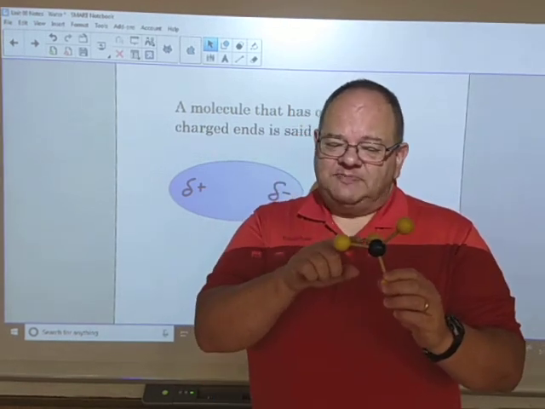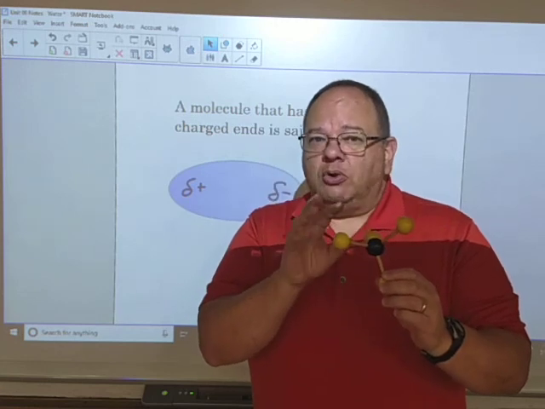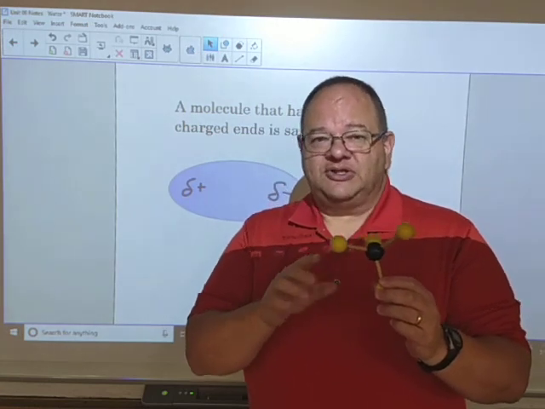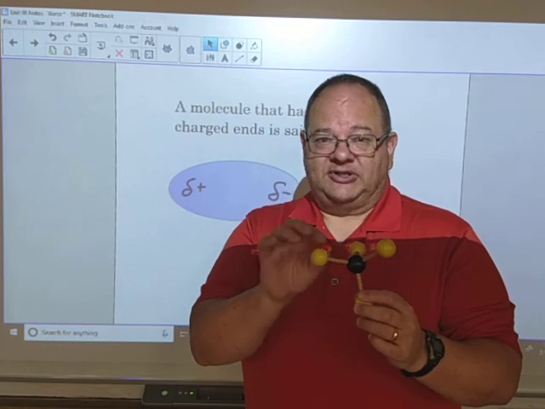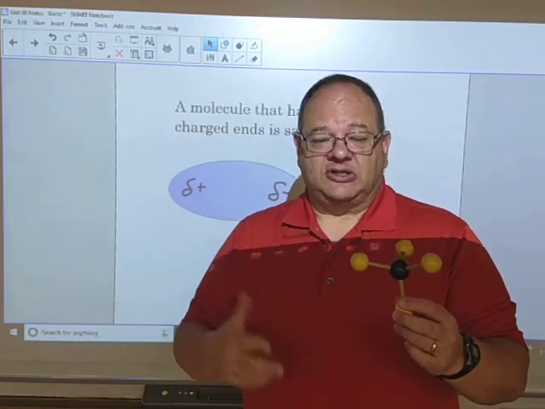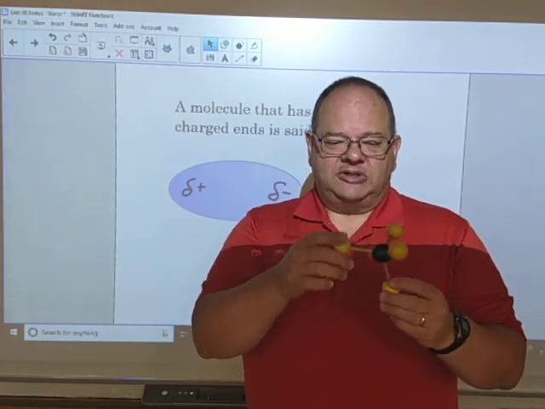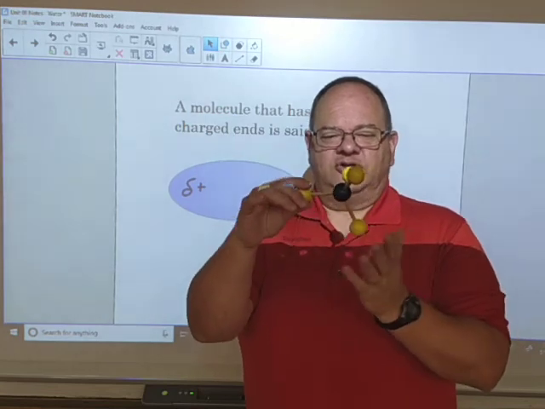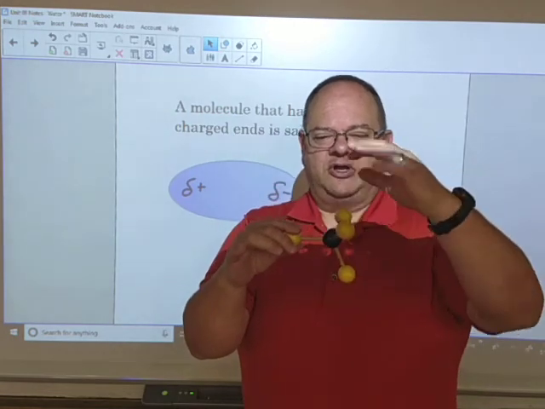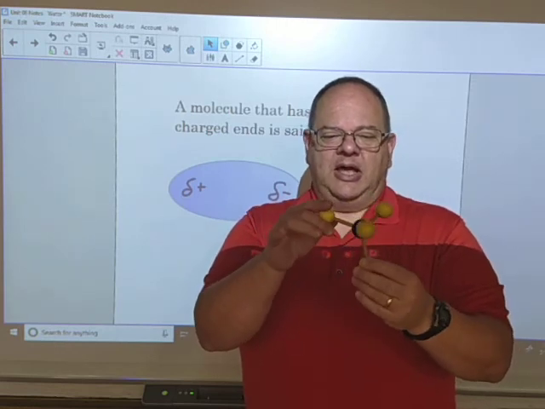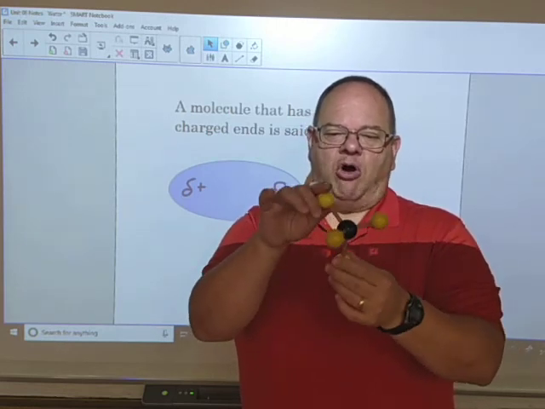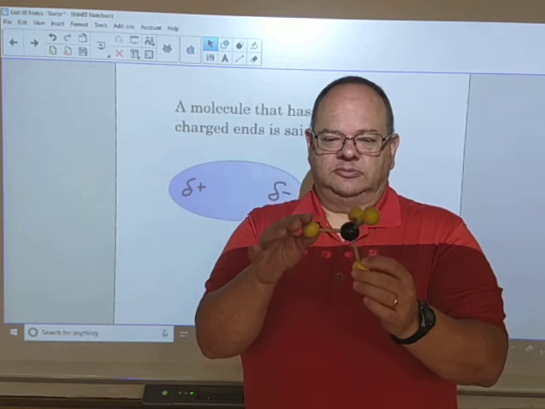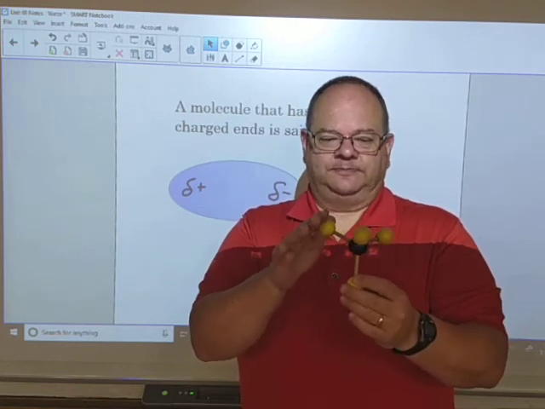And while these bonds might even be slightly polar, there probably is a slight imbalance in which of these atoms attracts electrons more strongly. Do you notice how there's a hydrogen sticking out here, and one down here, and one over here, and one over here? Because the hydrogens are spread all around the middle, it balances things out.